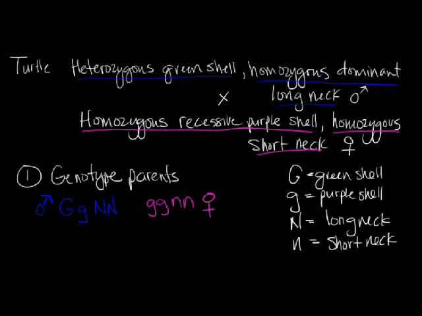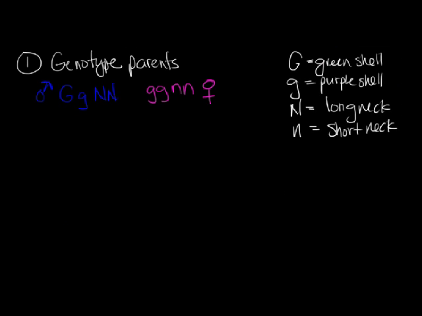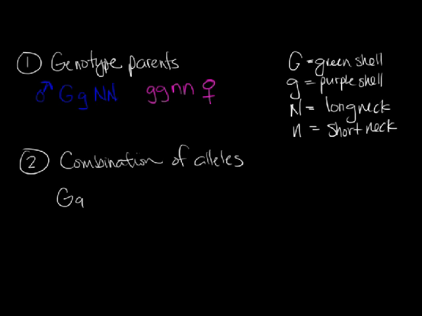Now going on to step 2, I'm going to scroll down for some more room. Step 2 is to figure out the combination of alleles. Let's take the male first. We're going to distribute again.